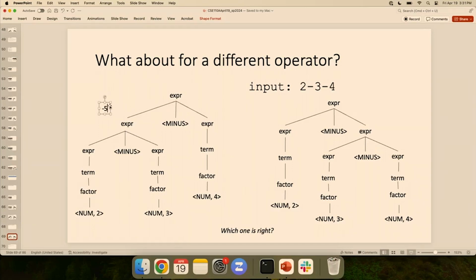So if we evaluate this, 2 minus 3, minus 4 is minus 5 there. If we do this other parse tree, we do this minus first. So 3 minus 4 is negative 1. And then 2 minus negative 1 is 3, right? So these parse trees now evaluate to different answers.